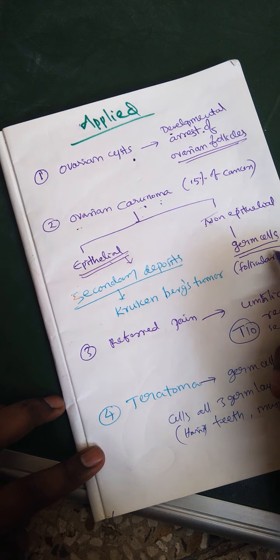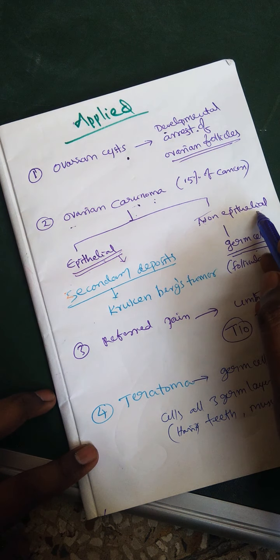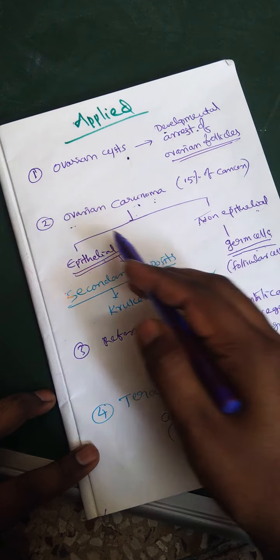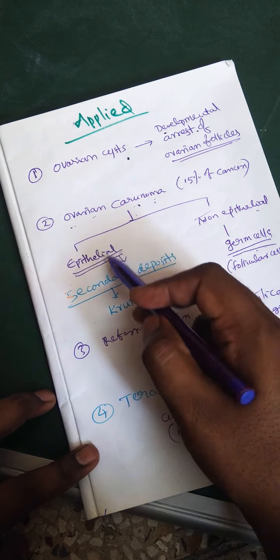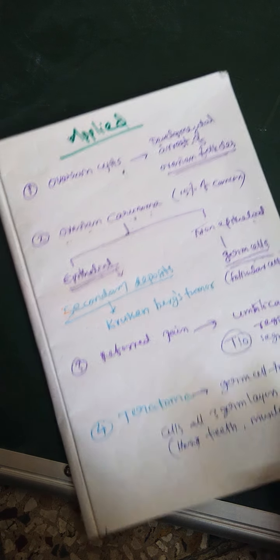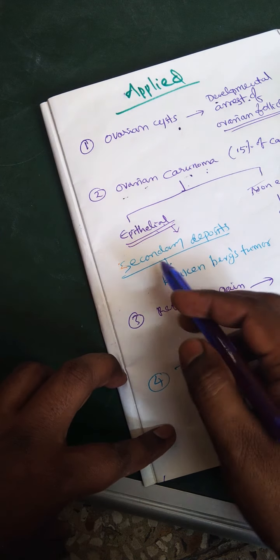If the cancer cells proliferate from these follicular cells or germinal cells, we call it non-epithelial origin. If the epithelial cells of the ovarian stroma divide uncontrollably, we call it epithelial origin of the ovarian carcinoma.